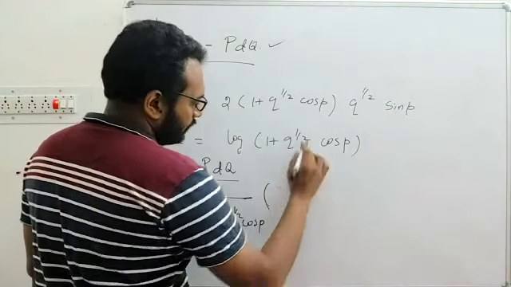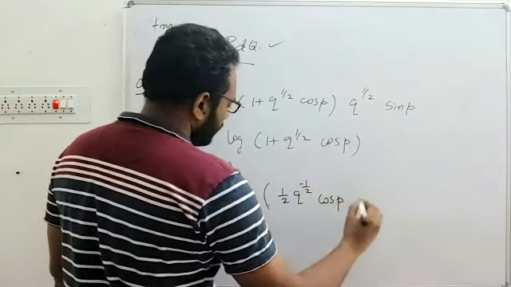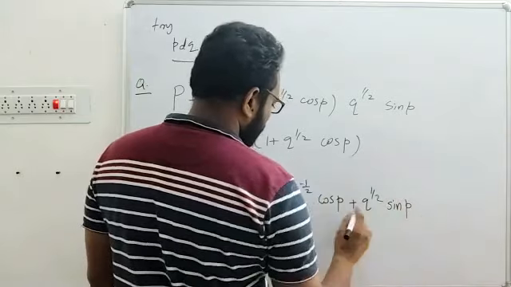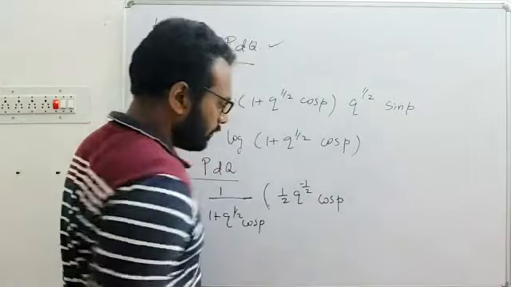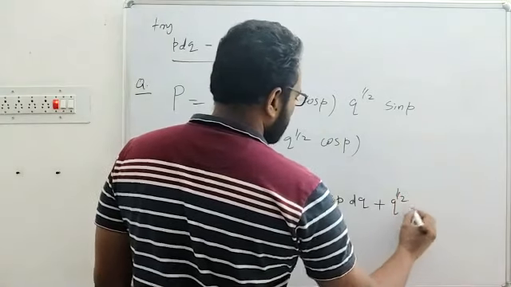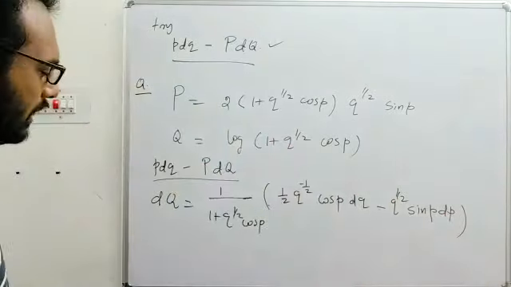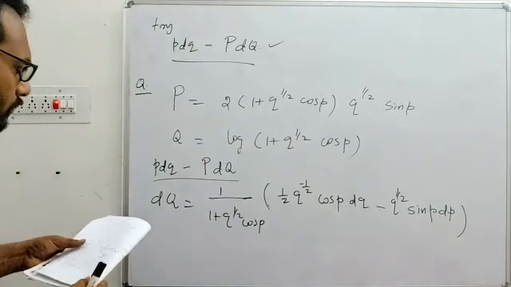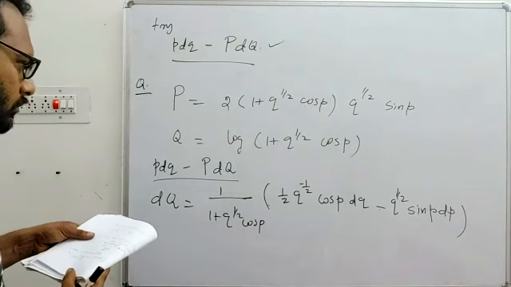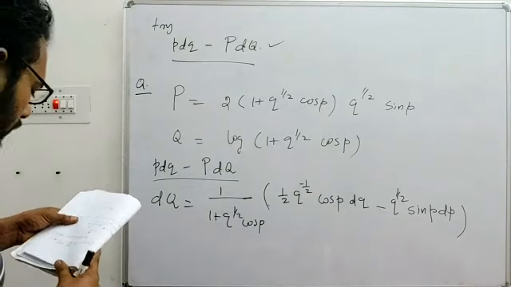So that becomes half Q raised to minus half cos P dq, and minus Q raised to half sin P dp, because the derivative of cos P is minus sin P. Can we simplify it? I think at the moment we cannot simplify.